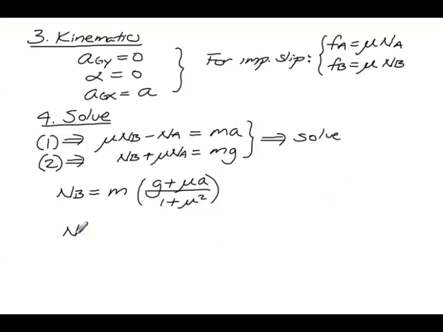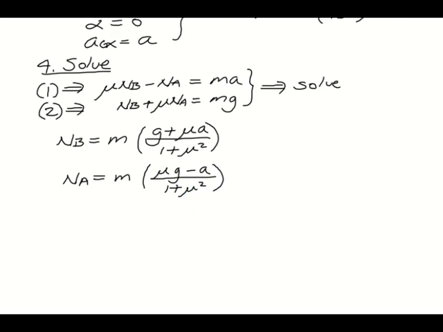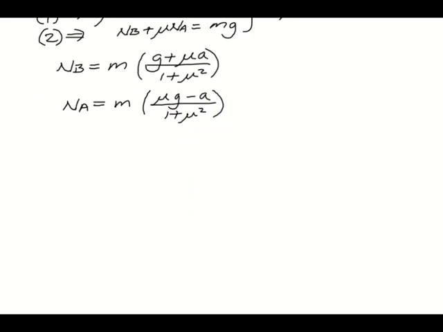Then taking that result and substituting back in the first equation gives me NA is equal to the mass times the fraction of mu g minus A, divided by 1 plus mu squared. So these are the two expressions we need for NA and NB in terms of A.